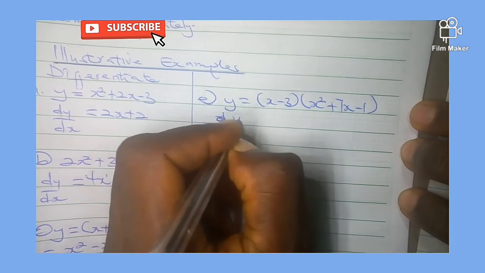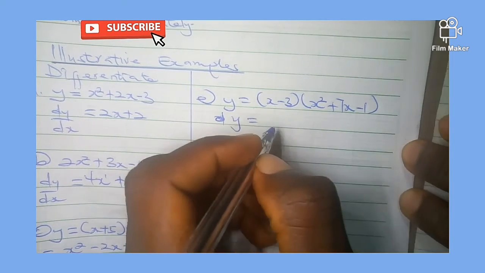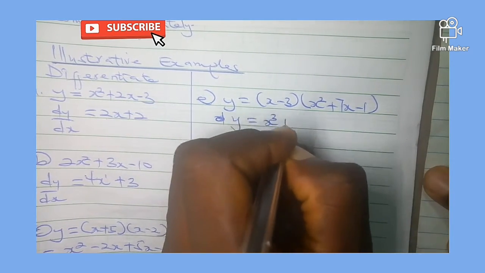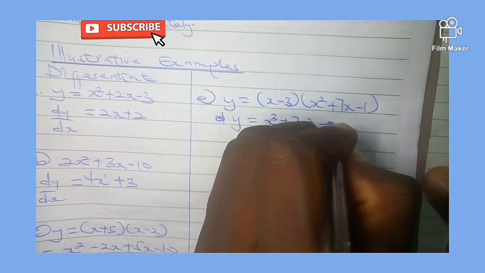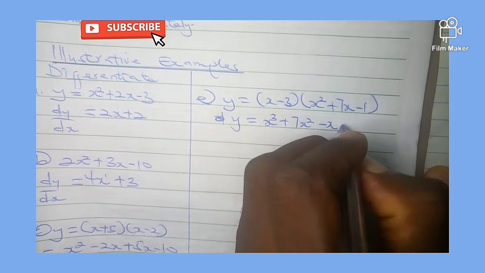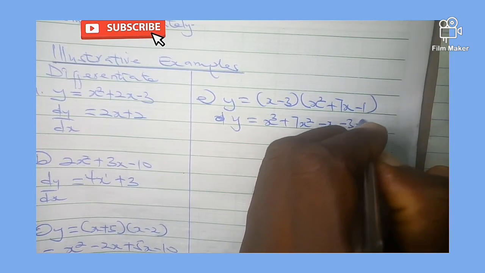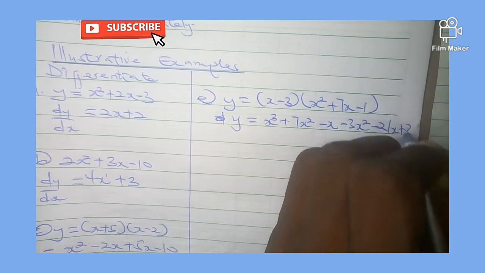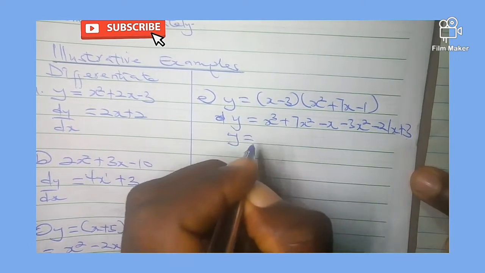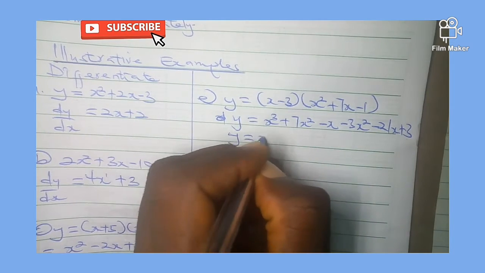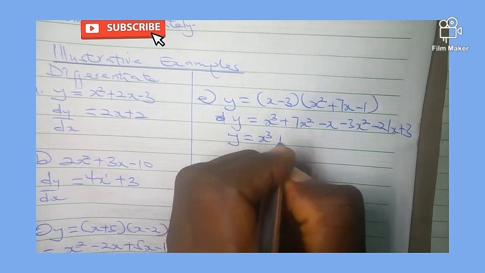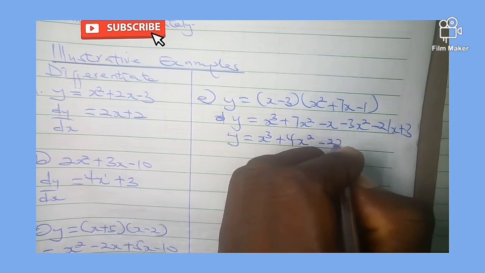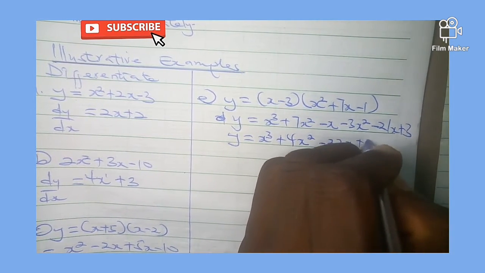So, sorry, y is equal to x cubed plus 7x squared minus x, and this one too, making 3x squared minus 21x plus 3. Therefore y is equal to x cubed plus 4x squared minus 22x plus 3.